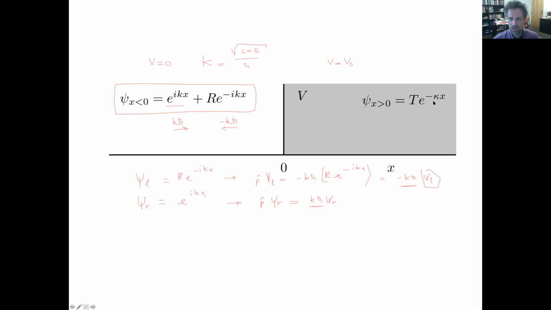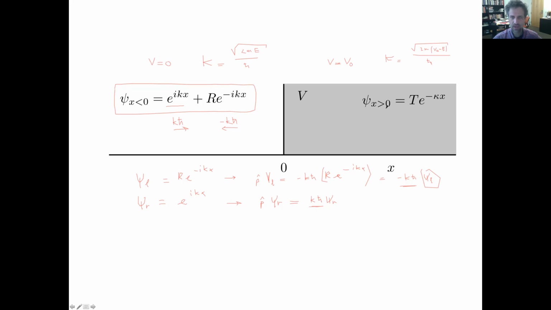Remember, it looks like a decaying exponential with kappa. If you don't remember what kappa was, let me write it down. Kappa looks very similar to k, but in fact it has the V in it: square root of 2m (V naught minus E) over h bar. So V naught minus E, and here k has only the E in it. So there's a difference. k and kappa are not the same thing.